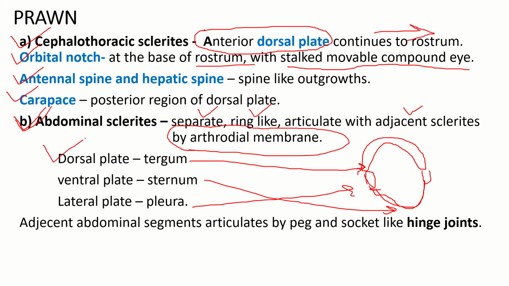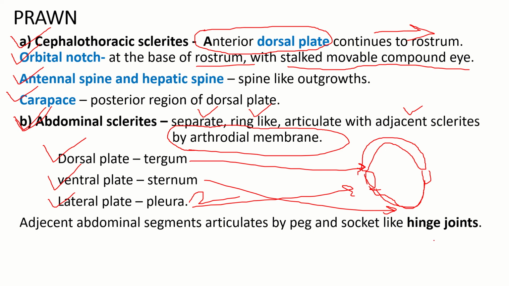The dorsal plate of the abdominal skeleton is called the tergum. The ventral plate is called the sternum. And two plates connected towards the lateral side are called pleura, which connect the dorsal plate to the ventral plate.